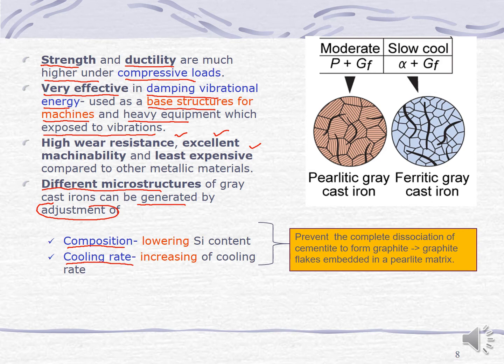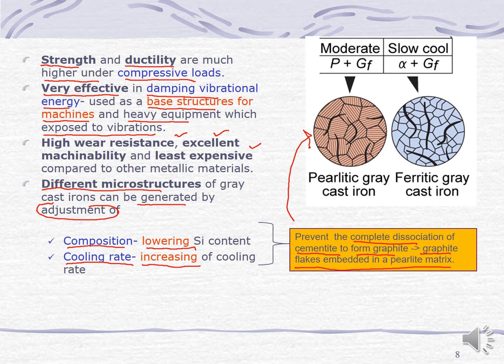When we reduce the silicon composition and increase the cooling rate, it prevents the complete dissociation of cementite to form graphite, producing graphite flakes embedded in a pearlite matrix, like this.